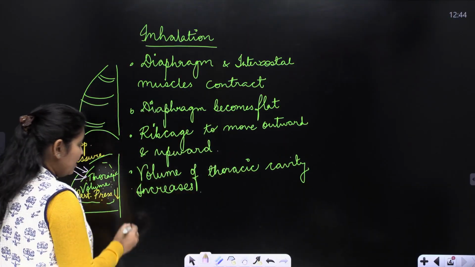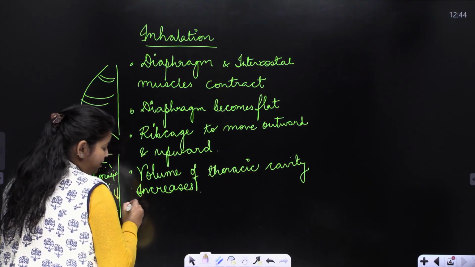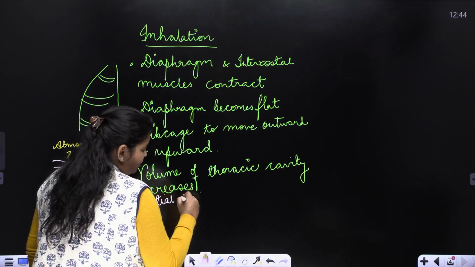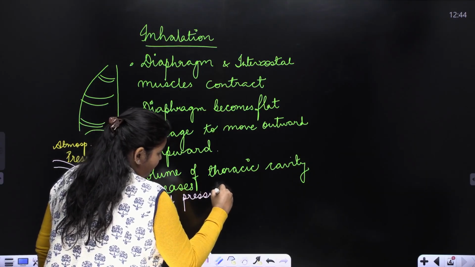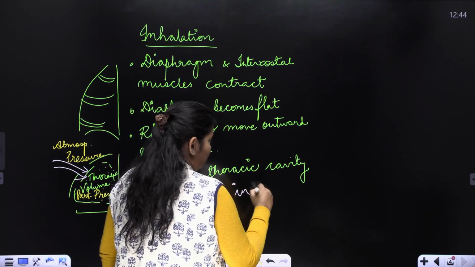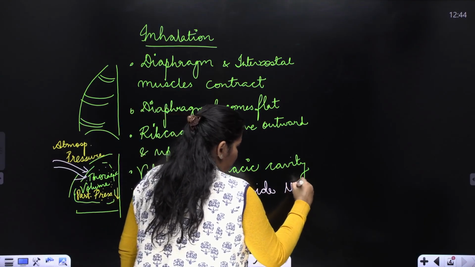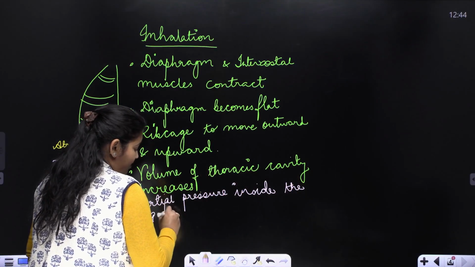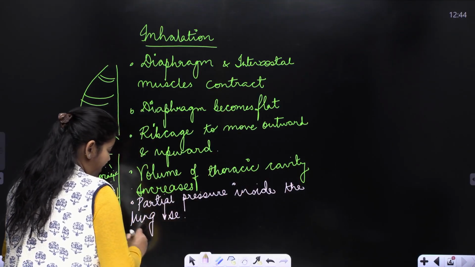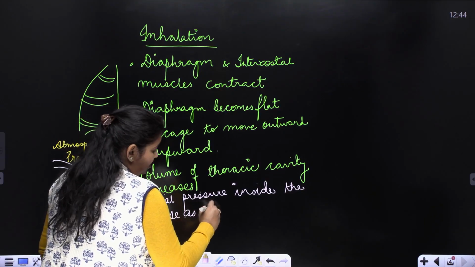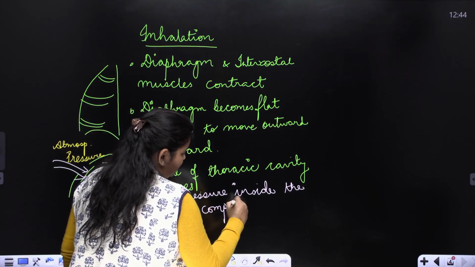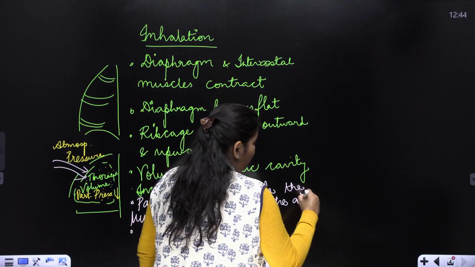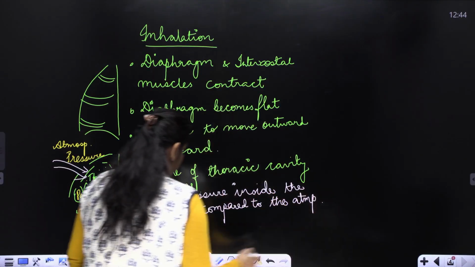So let us proceed here. Volume of the thoracic cavity increases. Partial pressure inside the lungs decreases, as compared to the atmospheric pressure.